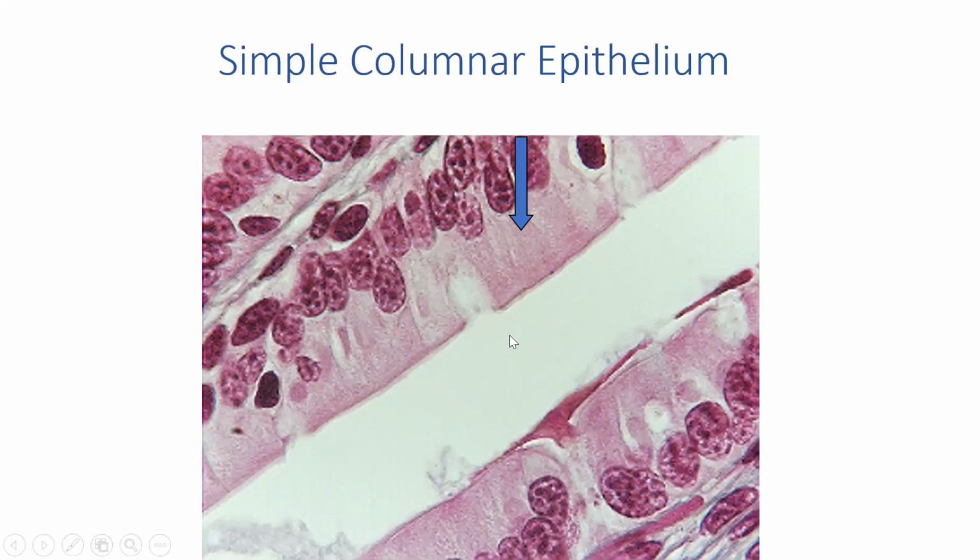We also have to lubricate this area. We want to make sure there's no friction whatsoever. So we have these cells here called goblet cells. Goblet cells secrete mucus, and we have lots of goblet cells present so that digested foodstuffs, before they get absorbed or as they're being absorbed, are lubricated.